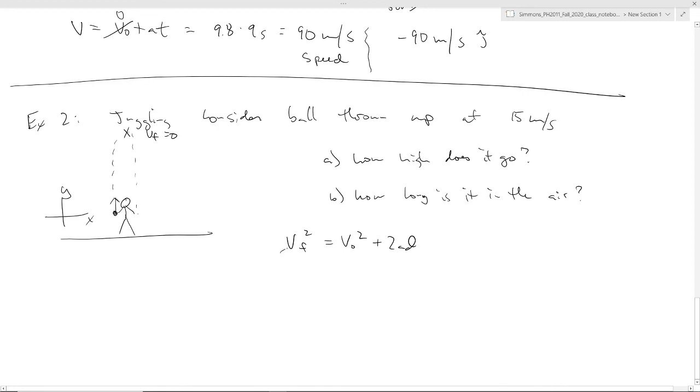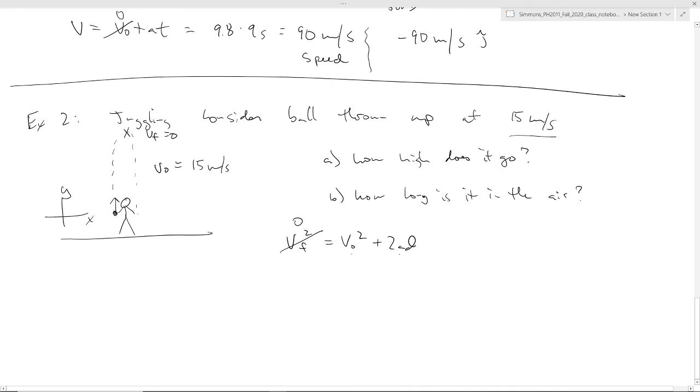So we can then solve this expression. We know the acceleration. We know the initial velocity. And we can find the height.